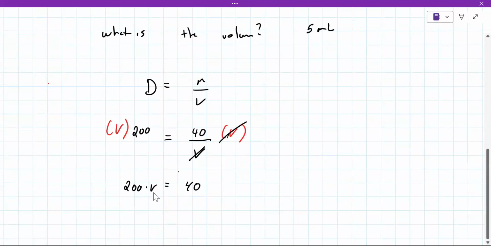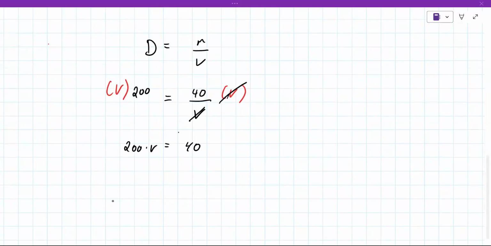How do you get V by itself? How do you undo this 200? Subtract. Okay, so I'm going to follow what you just said here. 200 V minus 200 equals 40 minus 200.